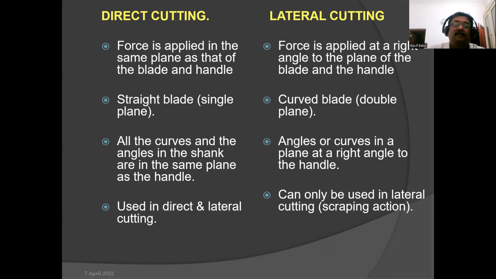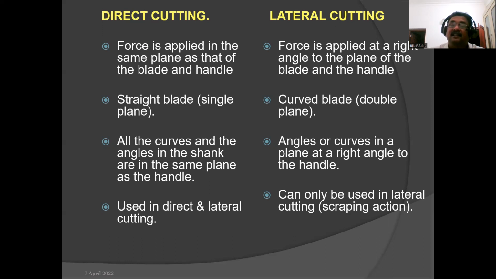For example, a straight instrument having a straight blade in a single plane is a direct cutting instrument, or a single planed instrument. All the curves and angles in the shank are in the same plane as the handle. A direct cutting instrument can be used for direct cutting as well as lateral cutting, but a lateral cutting instrument cannot be used for direct cutting.